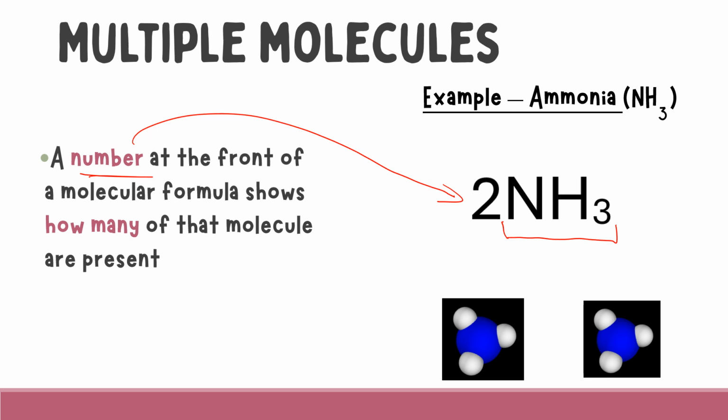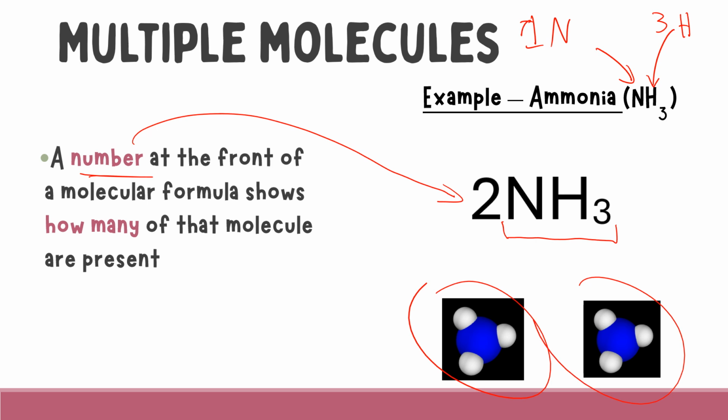So the molecular formula for ammonia is NH3. That tells us there is 1 nitrogen and 3 hydrogens in every ammonia molecule. And then if we put a 2 at the front, that means we have 2 molecules of ammonia. So here they are.